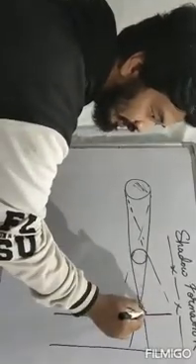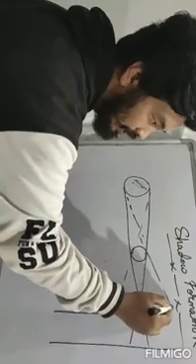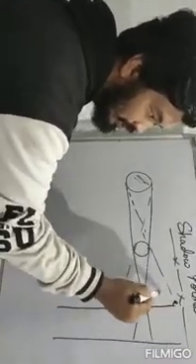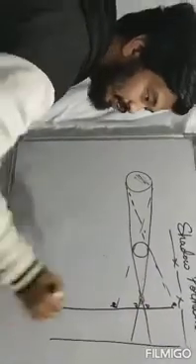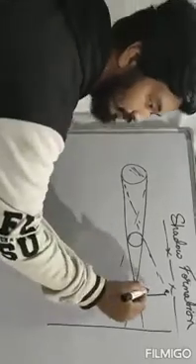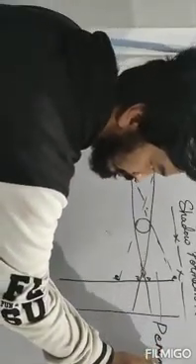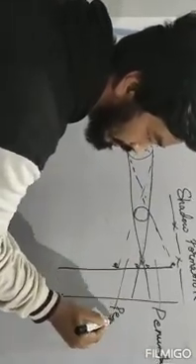Let us assume that this region is P dash, this region is P, Q, and this one is Q dash. This region which I made with the dotted line is known as your penumbra.